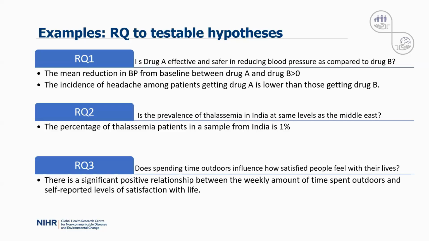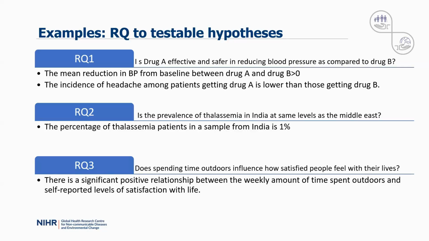One of the ways you could test for the effectiveness would be that the mean reduction in BP from baseline between drug A and drug B is greater than 0. And in terms of safety, you say that the incidence of headache among patients getting drug A is lower than those getting B. So you can see the two different metrics to define these outcomes.